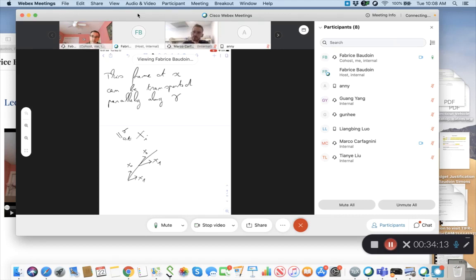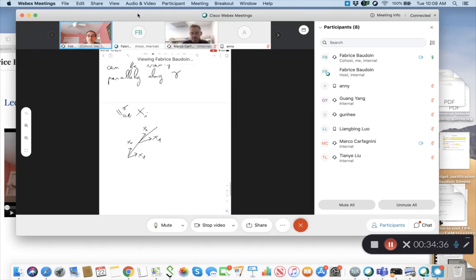So as Marco was saying, gamma prime is x naught. That is, gamma prime is parallel along gamma. So the other vector fields, x1 up to x n minus 1, you should see them as being parallel fields along gamma.